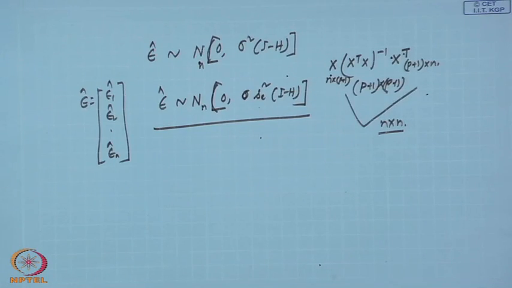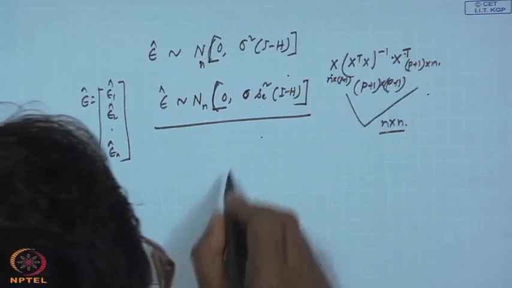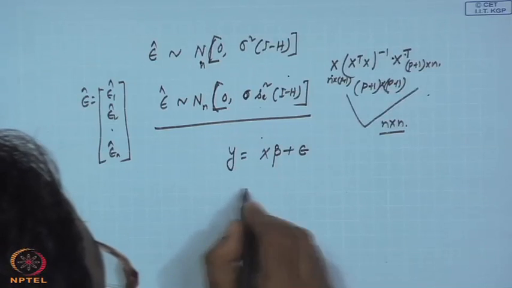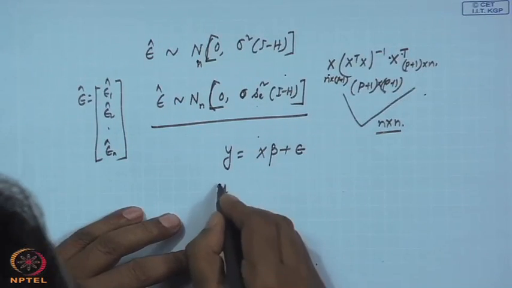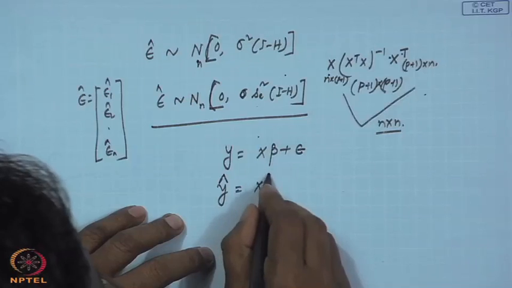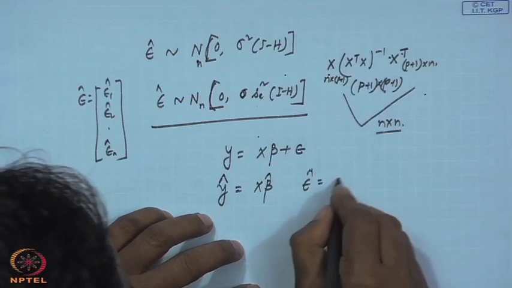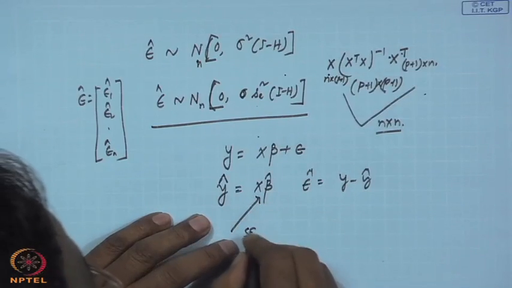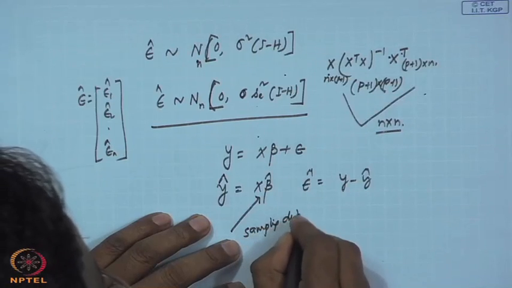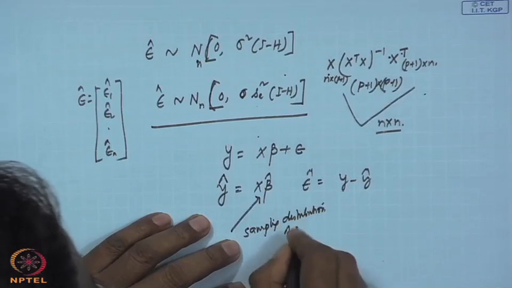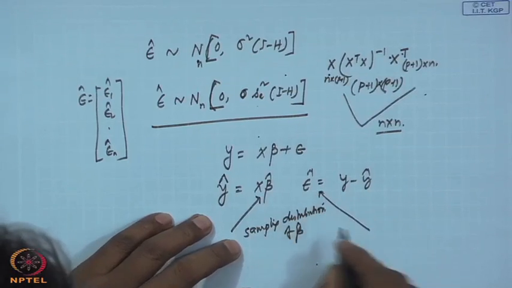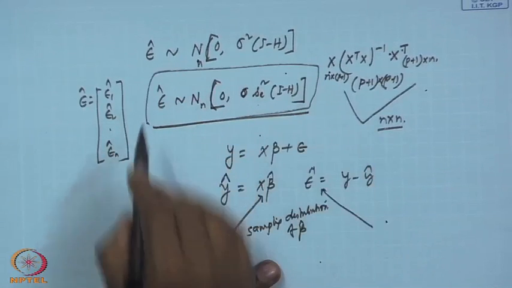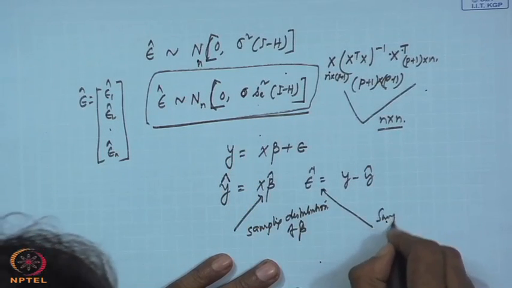With respect to this model, y equals X beta plus epsilon, we have computed y cap, and epsilon cap is our y minus y cap. So, related to this, the sampling distribution of beta cap, you now know its mean and covariance, and this is also the distribution of epsilon cap.